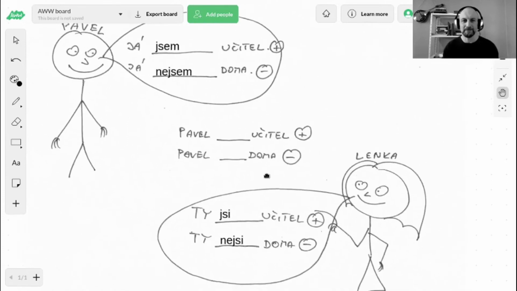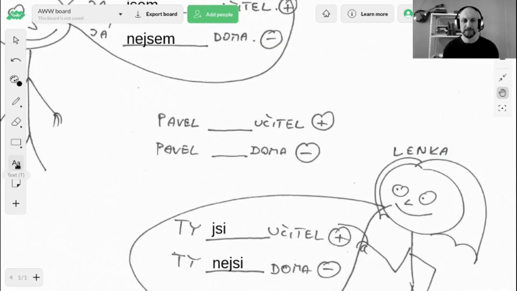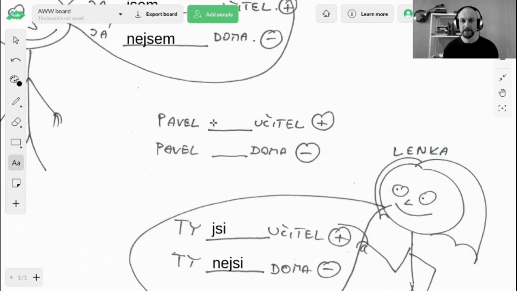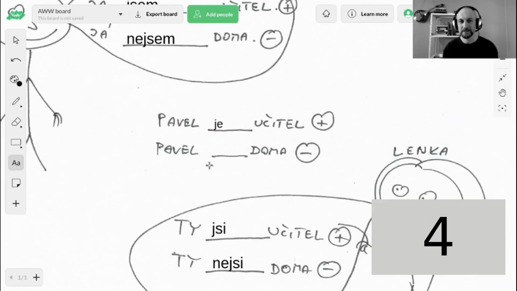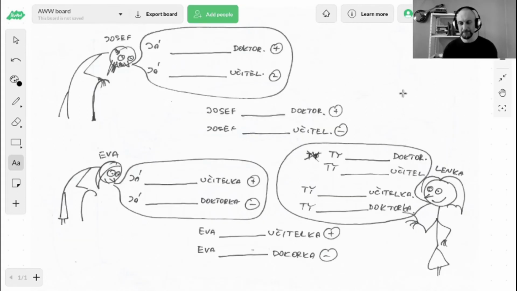And then we have sentences about Pavel. So what can we say about Pavel? In the positive sentence, we could say, Pavel je učitel. And in the negative sentence, Pavel není doma.